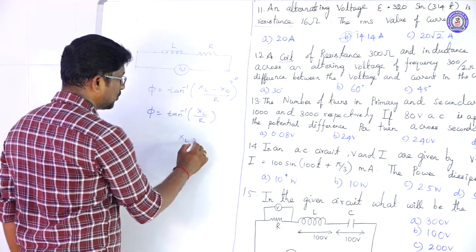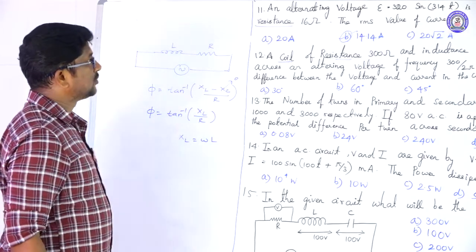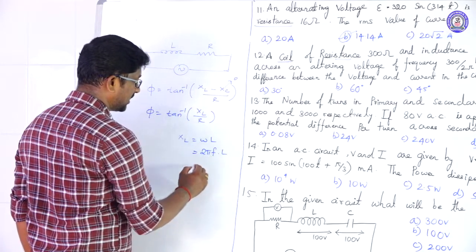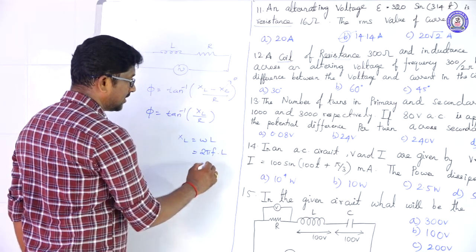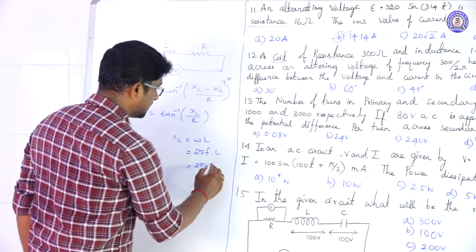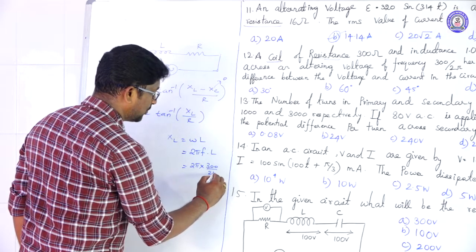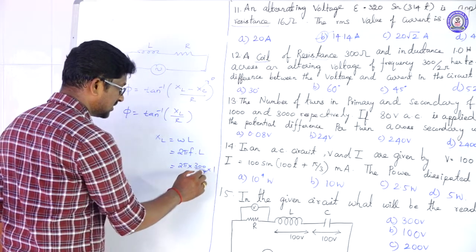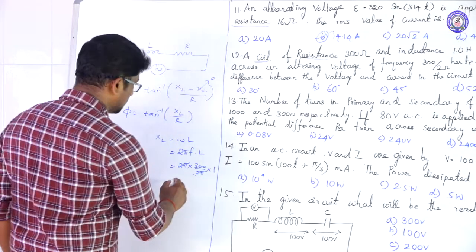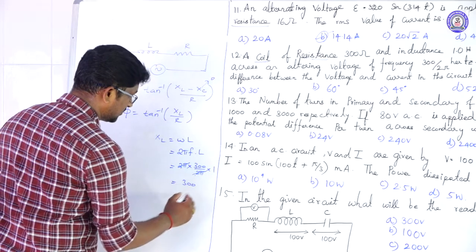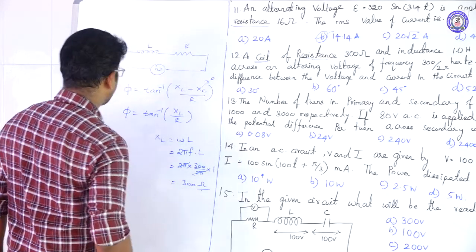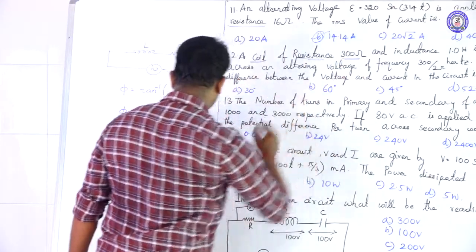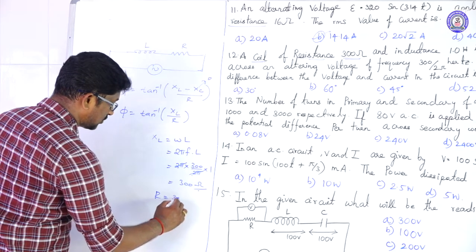XL is equal to omega into L, omega is 2 pi f, so 2 pi f into L. Therefore, 2 pi into the frequency value given, that is 300 divided by 2 pi, and self-inductance value is 1 Henry. So XL is equal to 300 ohm. Right? And the resistance R also is 300 ohm.